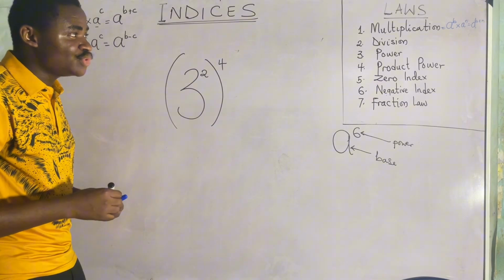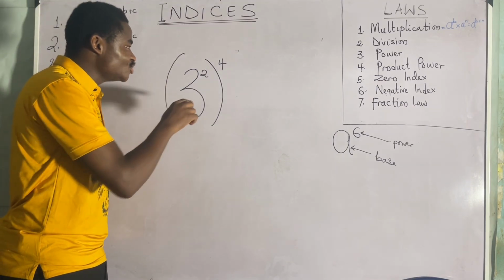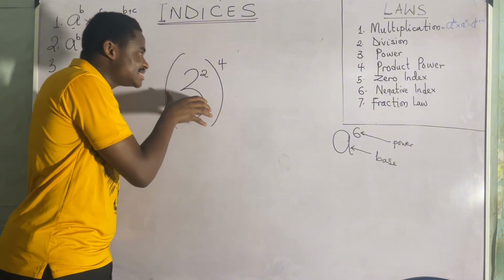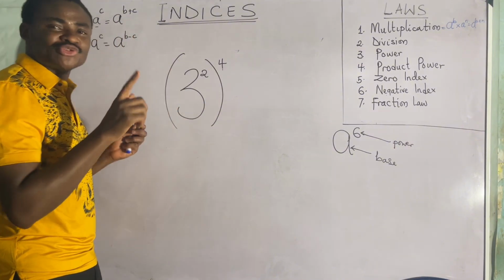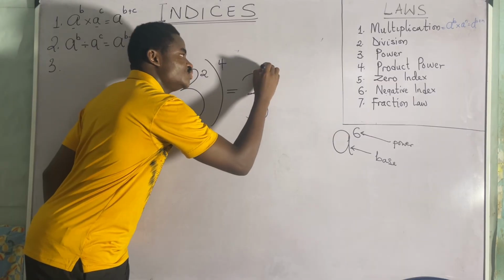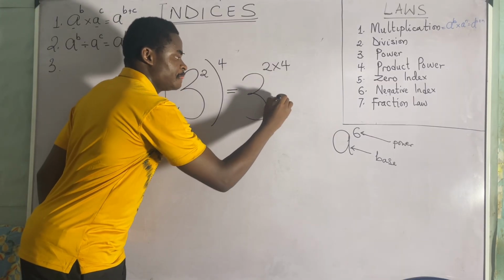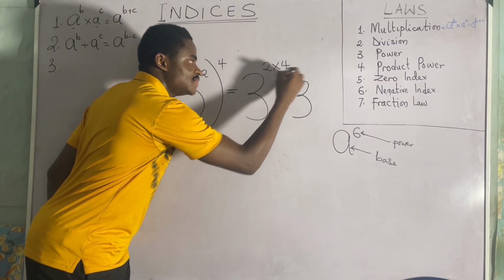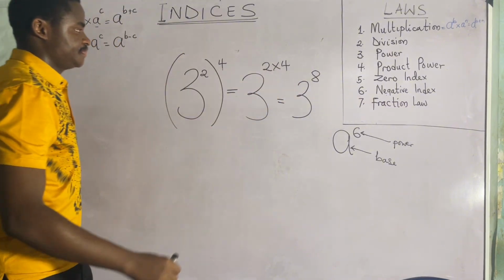Power law tells you that you take the power inside the brackets and multiply. So multiply the two powers. This is going to be 3 to the power 2 times 4, which is 3^8.